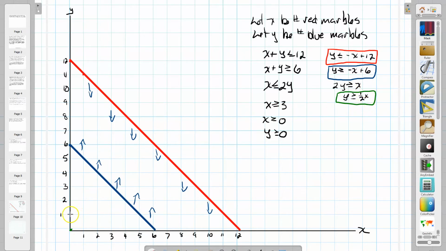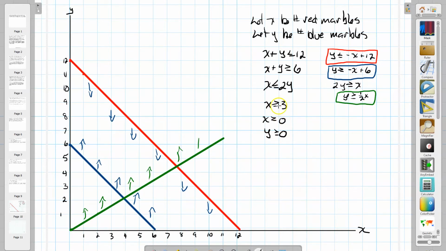We put another dot and connect those with a line. Now, where does the shading go with this one? Again, we've got y greater than or equal to, so we also have a solid line, and the shading goes above the line.